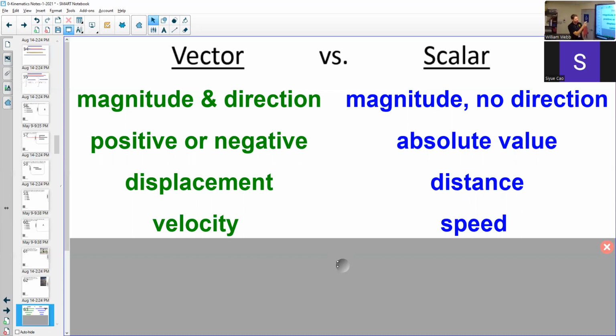But velocity is the vector value of that measurement. When we give a velocity, we want to tell what's the numeric value, 3 meters per second, and then what's the direction, to the right or forward, something like that. Speed, we don't really care about the direction. We just need to know the value. And again, for your toy car lab, those two are going to be interchangeable.